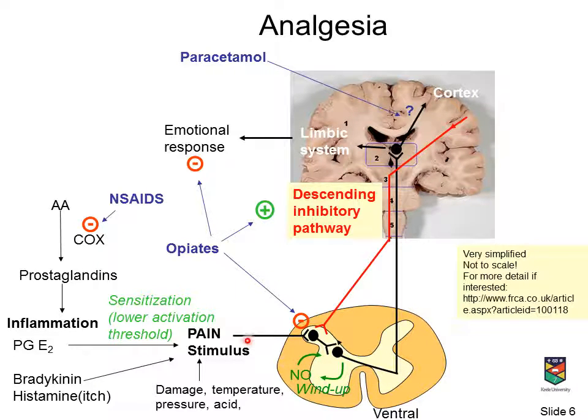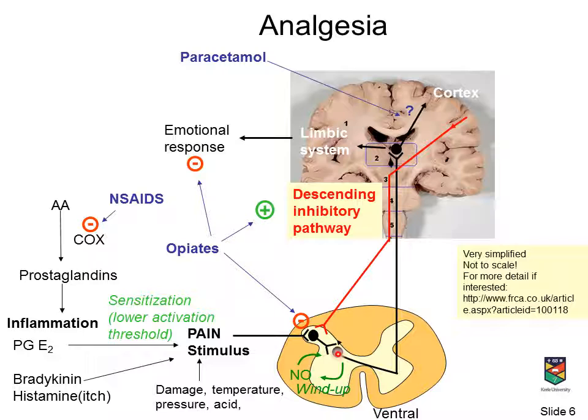Now, what happens here is this signal has been perceived by the nociceptive fiber and it's been passed up to the central nervous system through this ascending fiber here, the black line. The ascending fiber has a cell body that's located in the spinal cord, and that can actually release nitric oxide. That nitric oxide can diffuse back and activate the presynaptic neurons and increase the pain transmission signals between the presynaptic neuron and this ascending postsynaptic neuron.